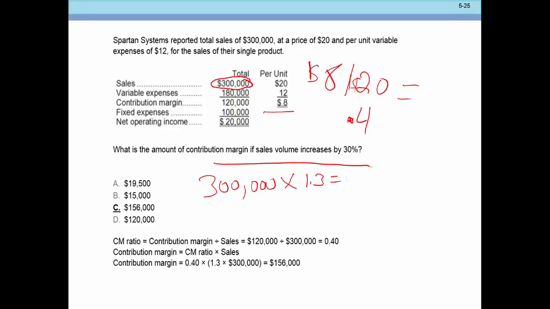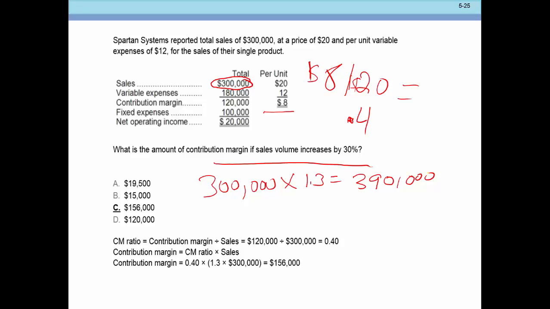The one part is giving me 300,000. The 0.3 is giving me the 0.3 increase, right? And so what do I get? 390,000. Everybody see how the logic worked there?